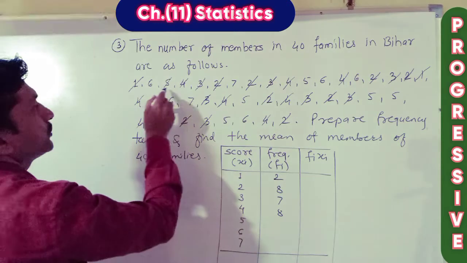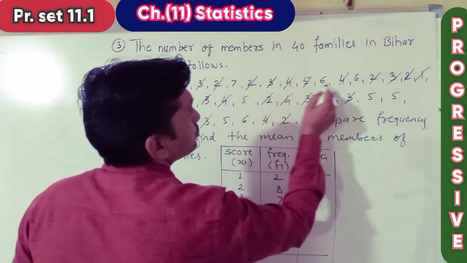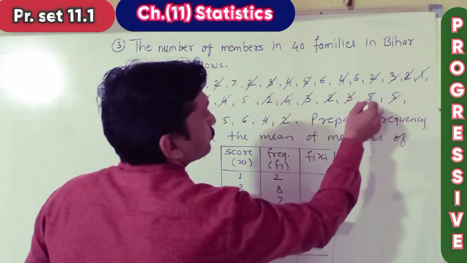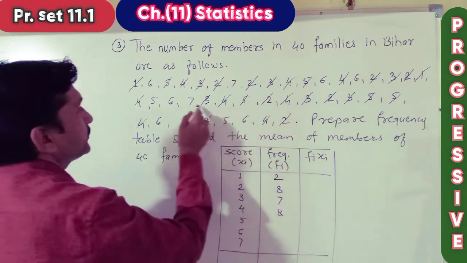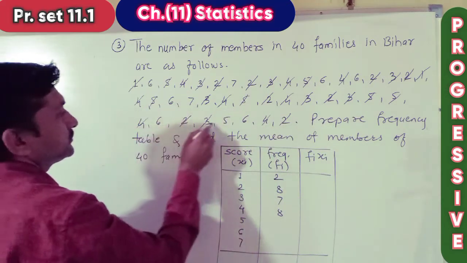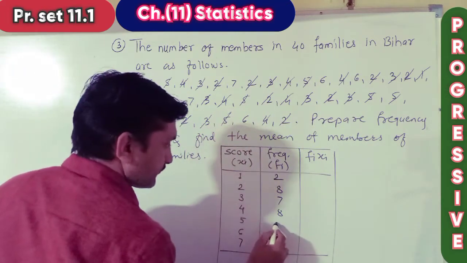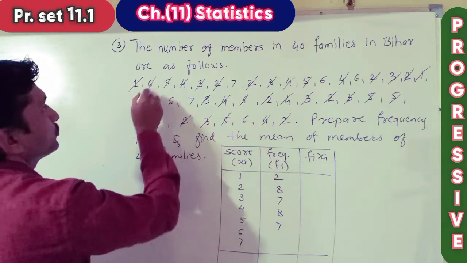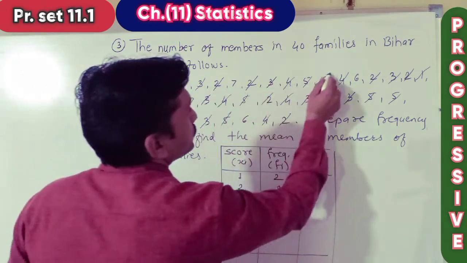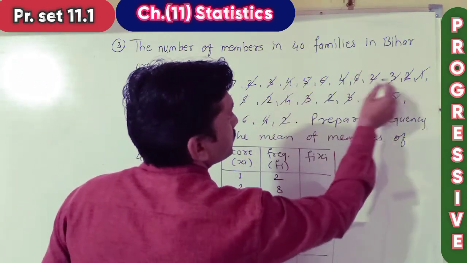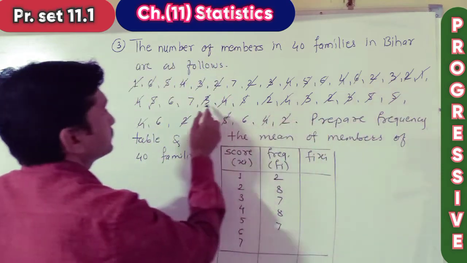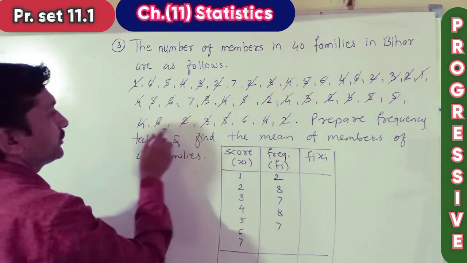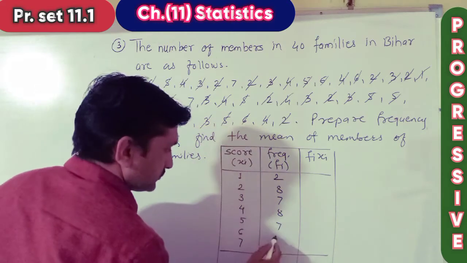Score 5: 1, 2, 3, 4, 5, 6, 7, 8. Score 6: 1, 2, 3, 4, 5, 6.